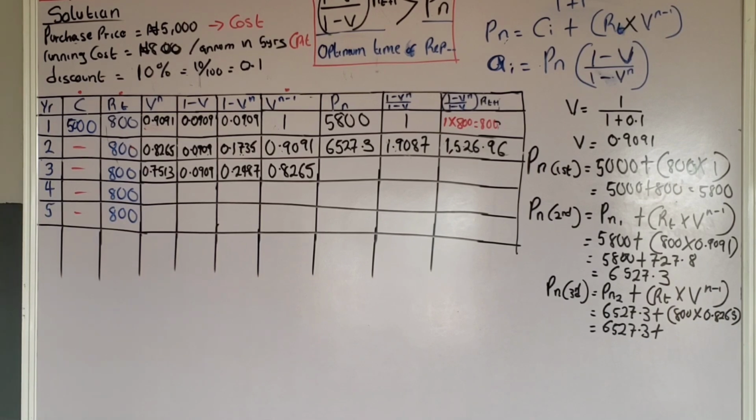Please just bear with me, 800 multiplied by 0.8265. That is 661.2.